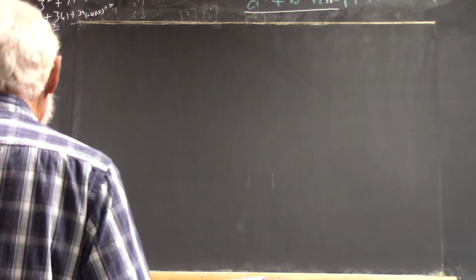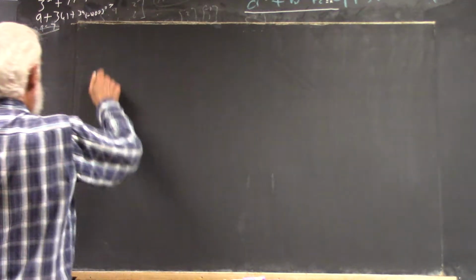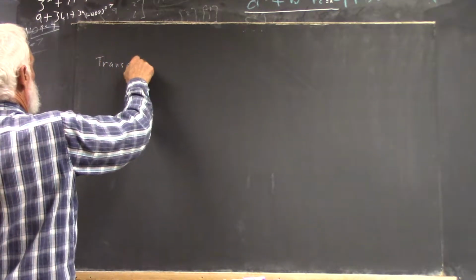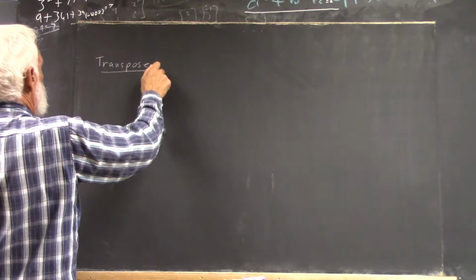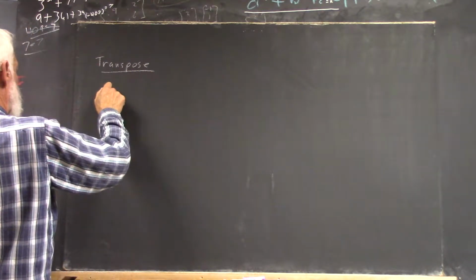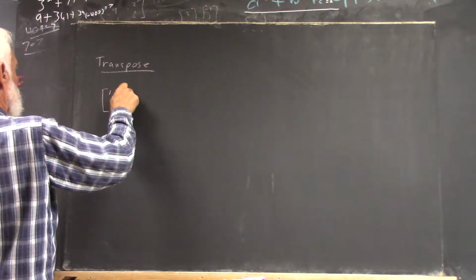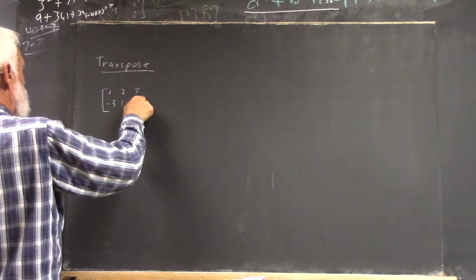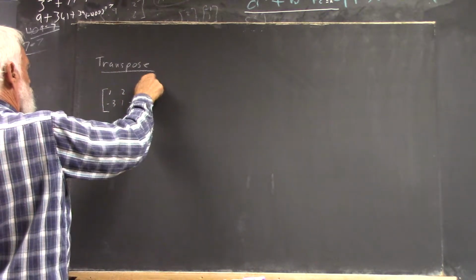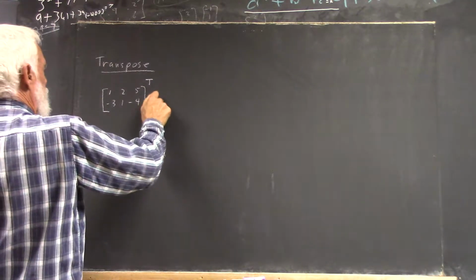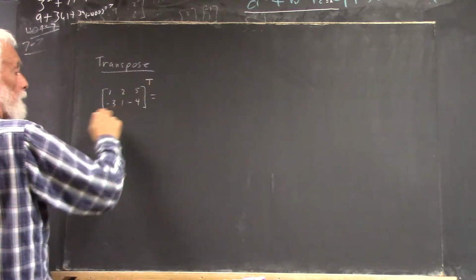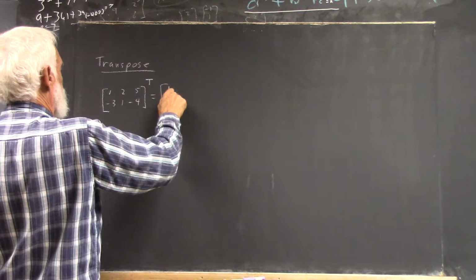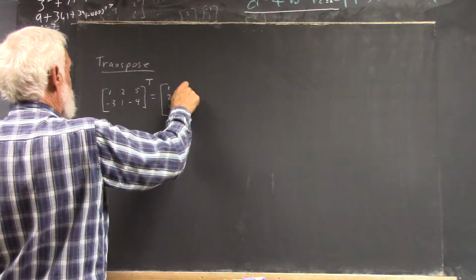Okay, transpose. This indicates the transpose of this matrix, and all you're doing is switching the rows and the columns.